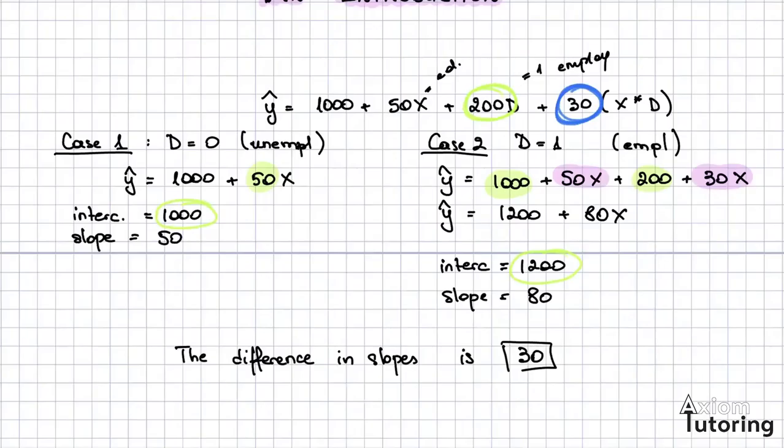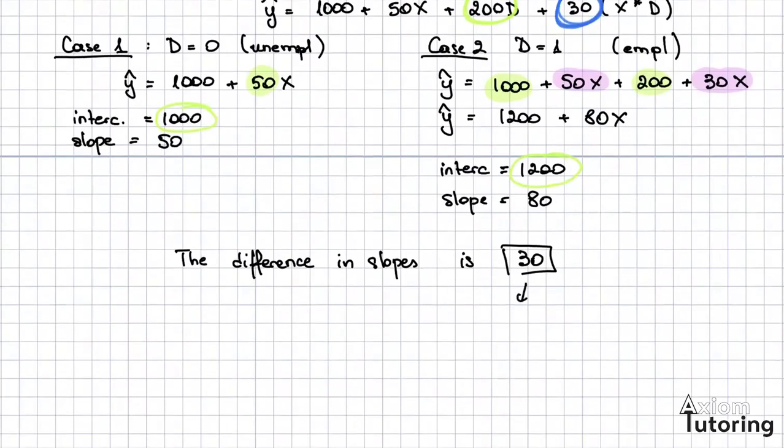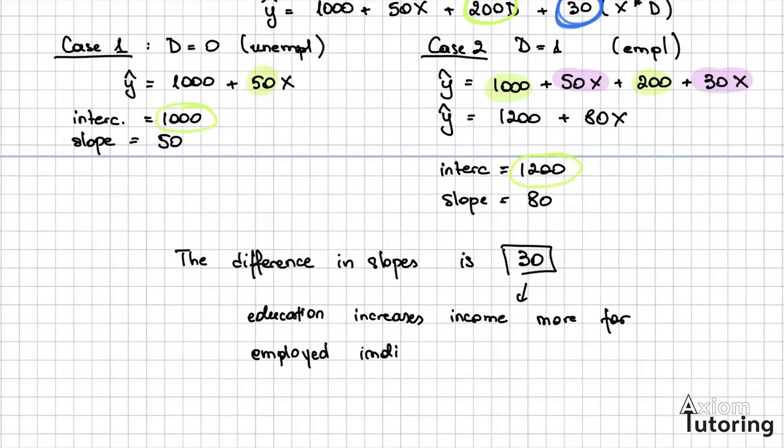So education increases income more for employed individuals, by 30 per year of education, because remember here this X was education in years.